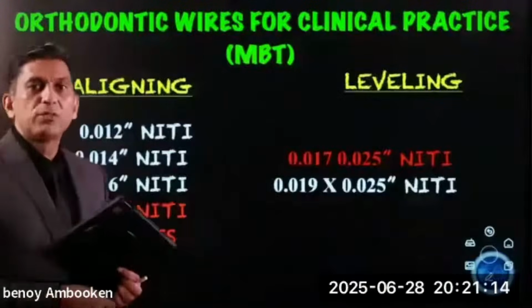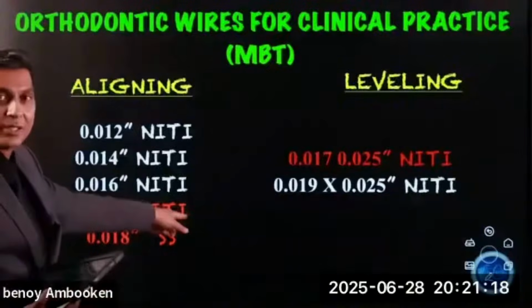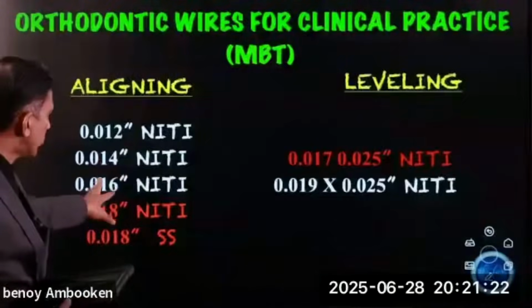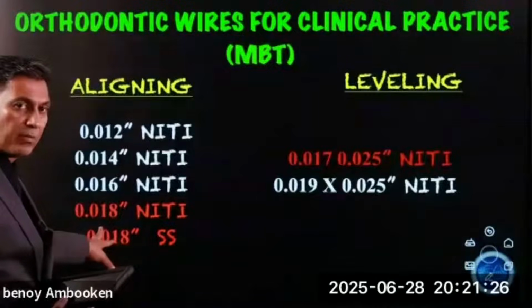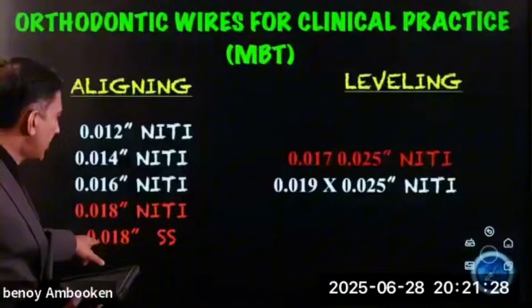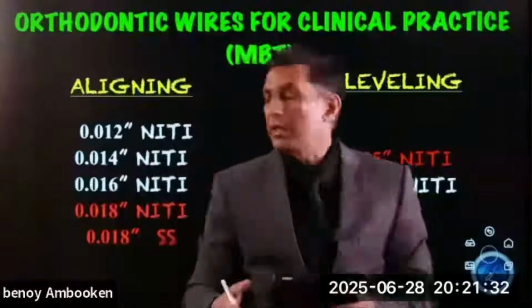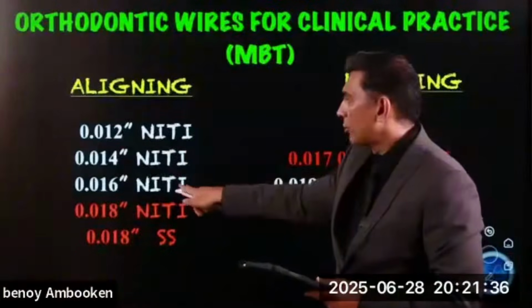There are two optional wires also. Your optional wire is .018 nickel titanium wire. And sometimes, if you are going through the whole sequence of .012, .014, .016 and .018 nickel titanium wire, you have to stabilize it with .018 stainless steel. So I will mention that you go for .012, .014 and .016.